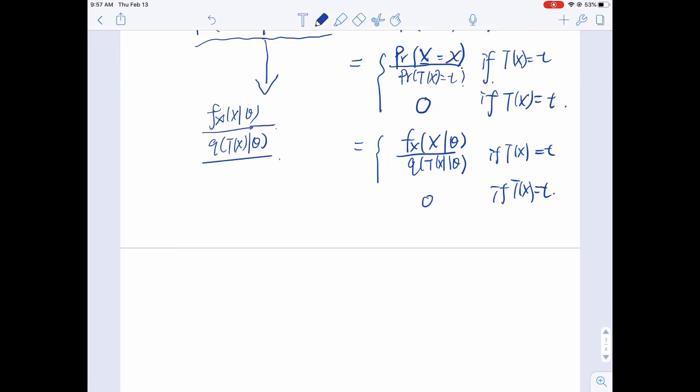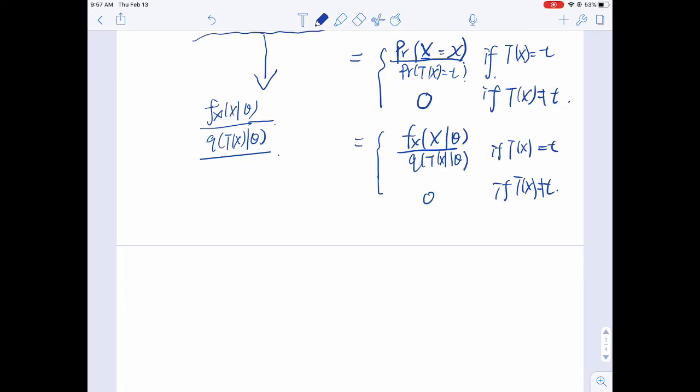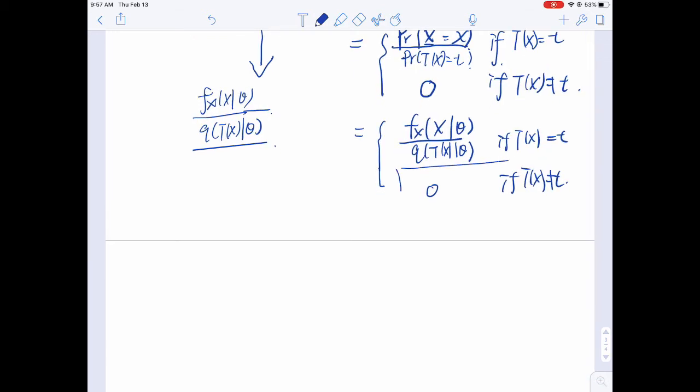Why is the theorem so useful? If you look at the result right here, when T(X) is not equal to t, you always have 0, which is definitely a constant of theta. So you don't even need to examine this scenario since it's always a constant 0.